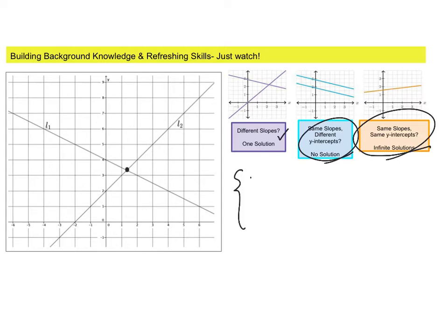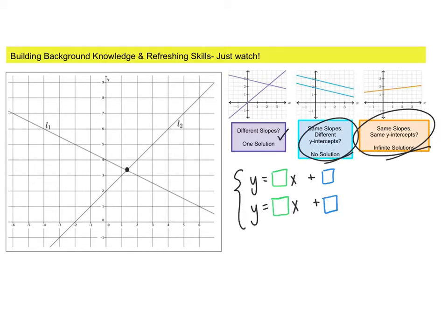So what I'm going to do is I'm going to write the system out in our slope-intercept format. y equals mx plus b. And I'm going to be filling in my m and my b to create these equations. All right?